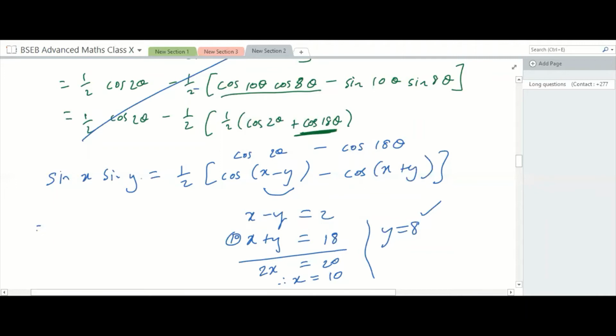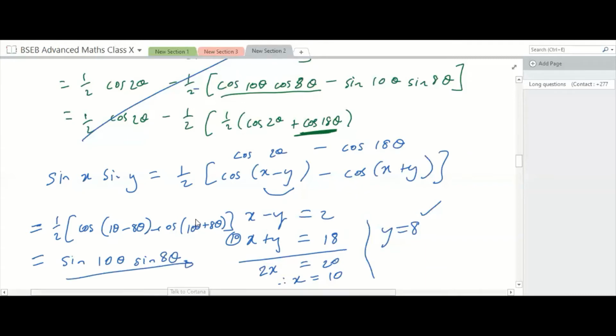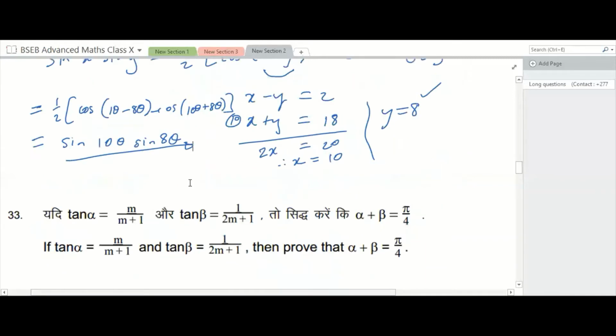Since x is 10, y is 8, we can say that half into cos of 10 theta minus 8 theta minus cos of 10 theta plus 8 theta is actually just equal to sine 10 theta sine 8 theta, which is equal to the right hand side.